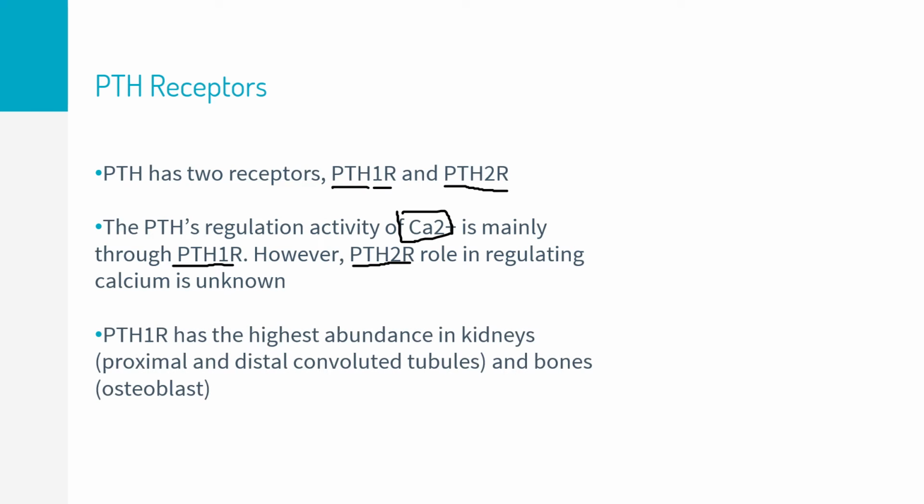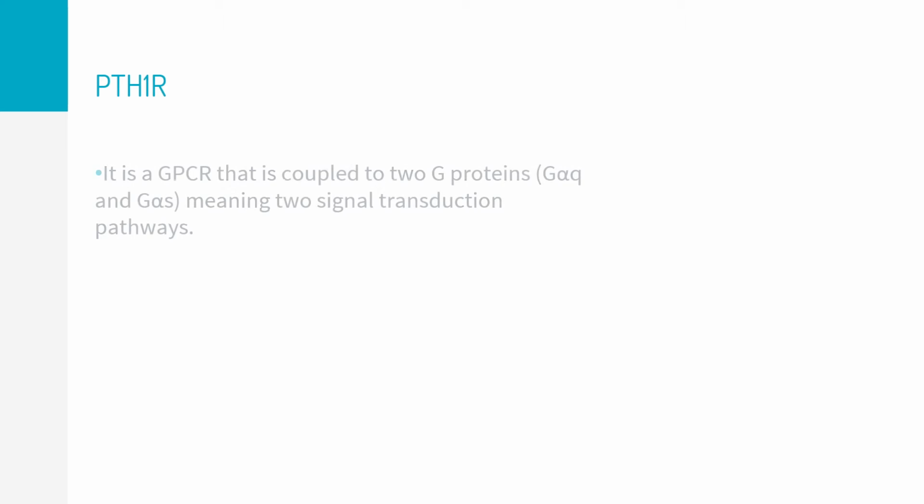Okay, so 1R receptor has the highest abundance in kidneys and bones. So in kidneys, it is abundant in the proximal and distal convoluted tubules, and in the bones, mainly the osteoblasts. So let's discuss this receptor a bit more.